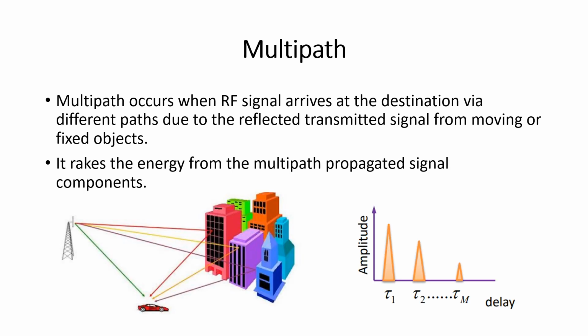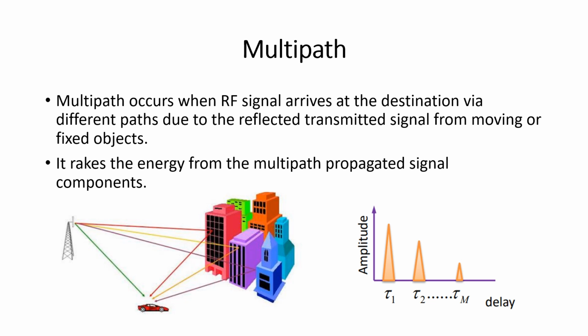Coming to multipath, first of all, we should understand what is multipath. Can anyone say what is multipath? Multipath occurs when the radio frequency signals arrive at the destination by different paths due to the transmitted signals being reflected from fixed objects. Suppose this is our transmitter and this is our receiver.